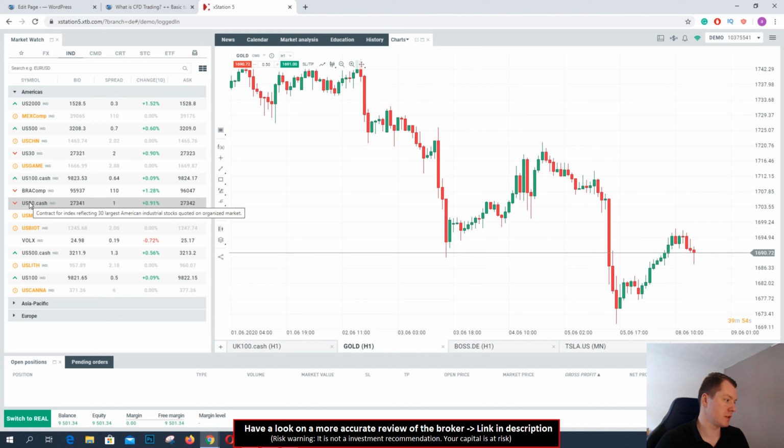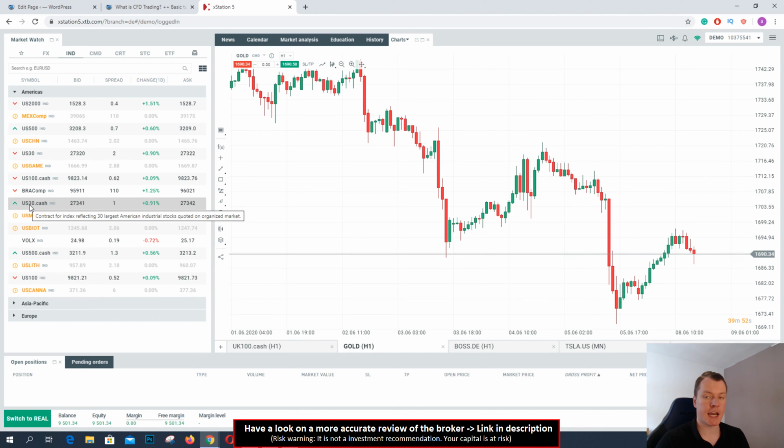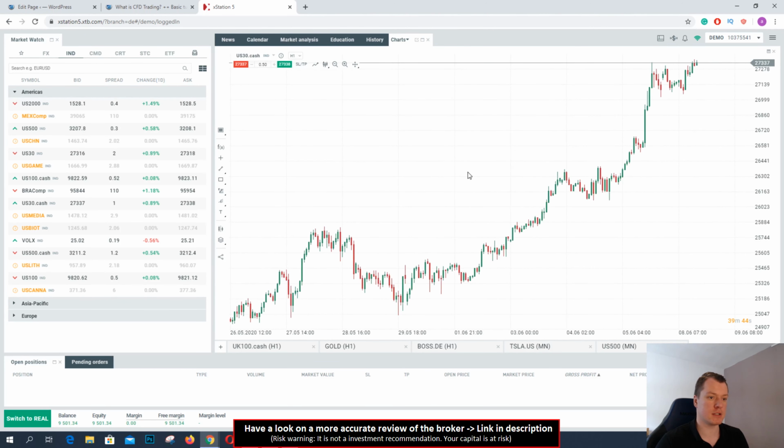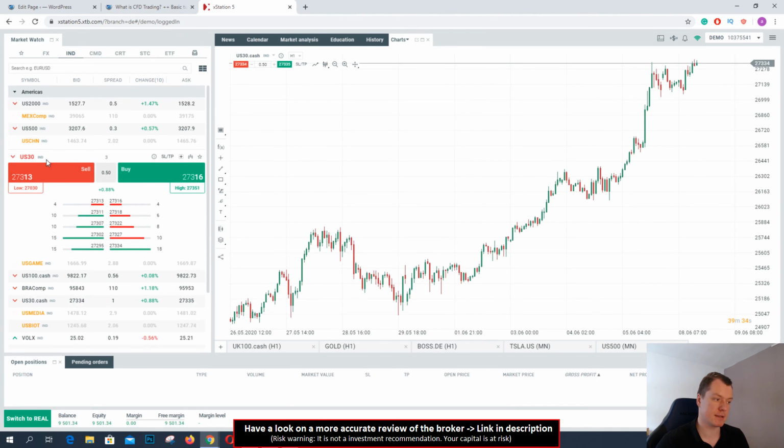For example, I'm using the US 30 cash, the Dow Jones, for CFD trading. I open here the new chart. This is at the moment the US 30 cash, and you can buy and sell this index with a small amount of money, or you can use bigger amounts of money. This depends on how you want to use it.